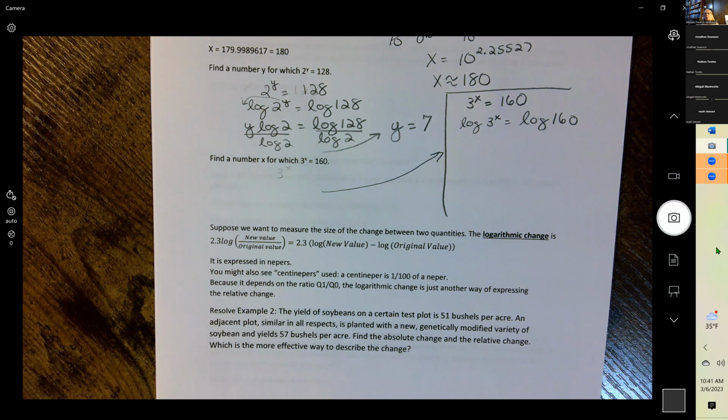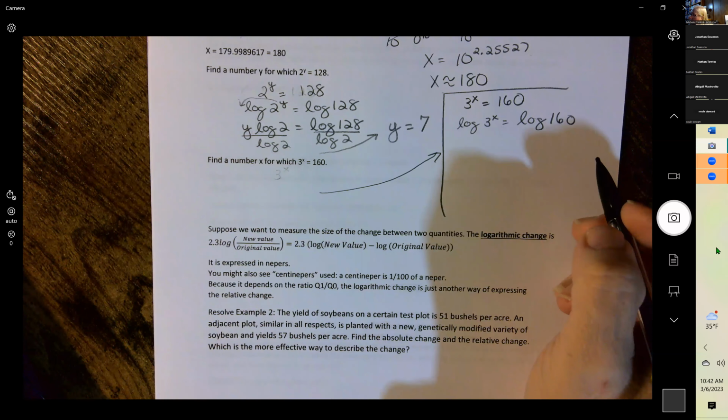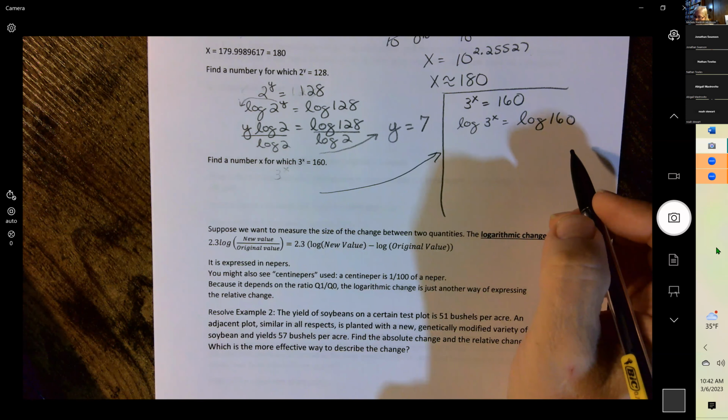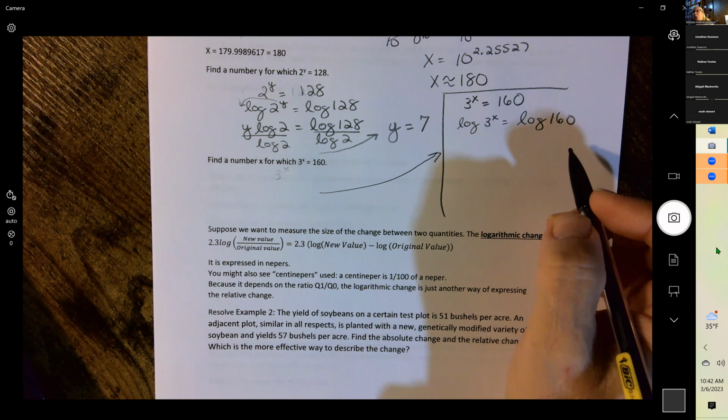Around 2 decimal places. You should be getting 4.62.